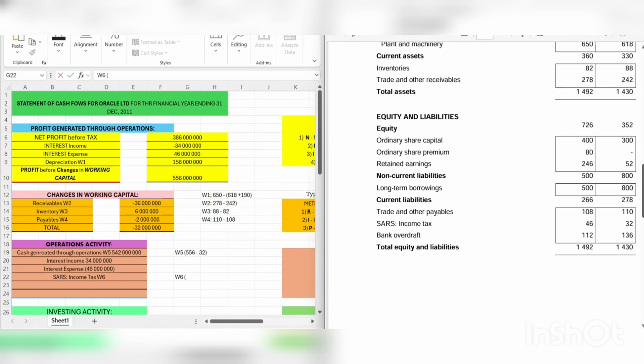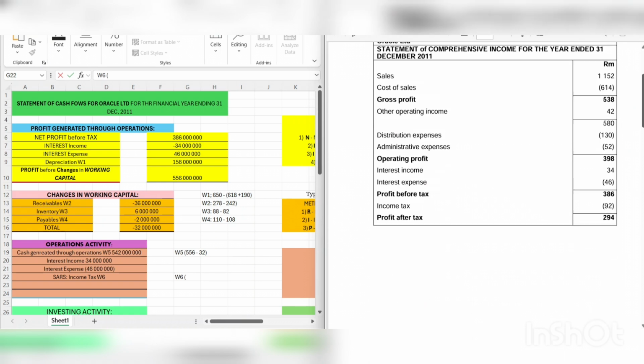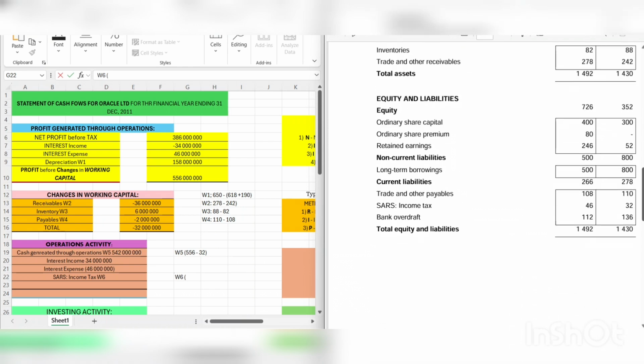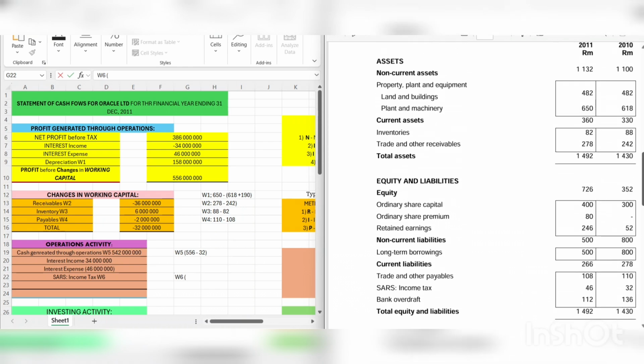And so if we come down here, it says our SARS income tax, 46 and 32. All right. But since we're dealing with income tax, we can never forget about our income tax year. Remember, first we calculated profit before tax, but here is our income tax, and here is our profit after tax. So we have to include our income tax always when calculating our SARS amount. It says 92.